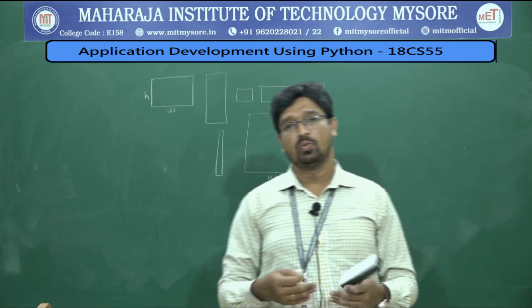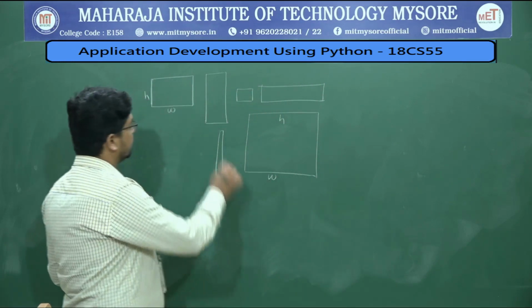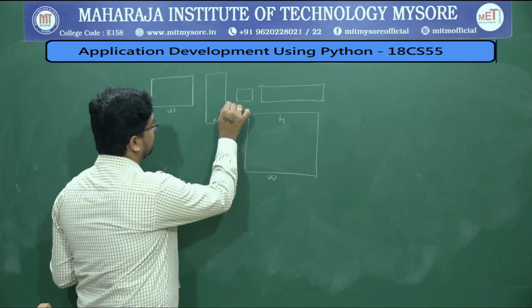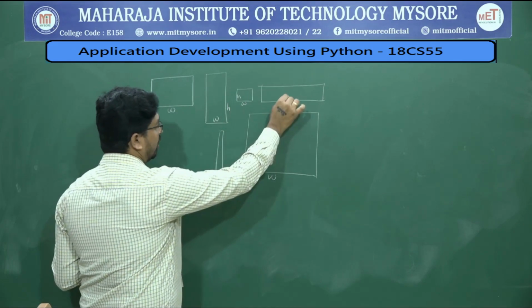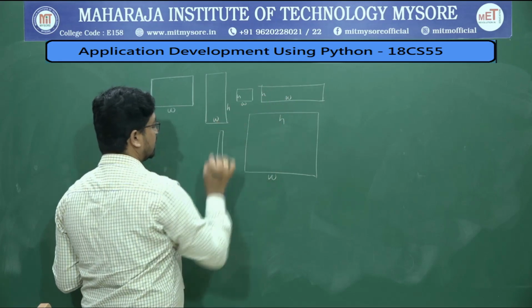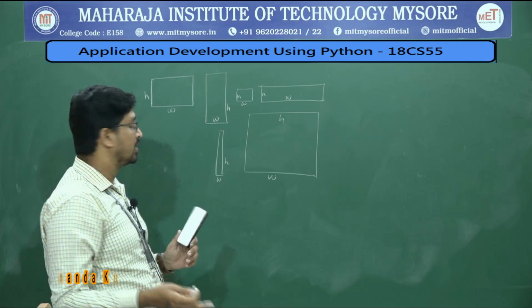The area of the rectangle is width into height. In the same way, I can have a very small width but very large height, equal width and height, or very large width and small height, like this.